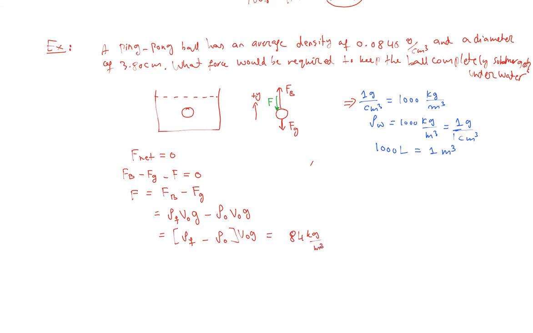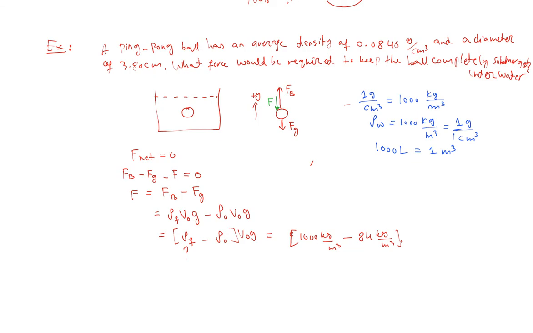This is the density of the fluid, so that's water, 1000 kilogram over meter cubed, minus the density of the object, which is 0.0840 times 1000, and that turned out to be 84 kilogram over meter cubed.